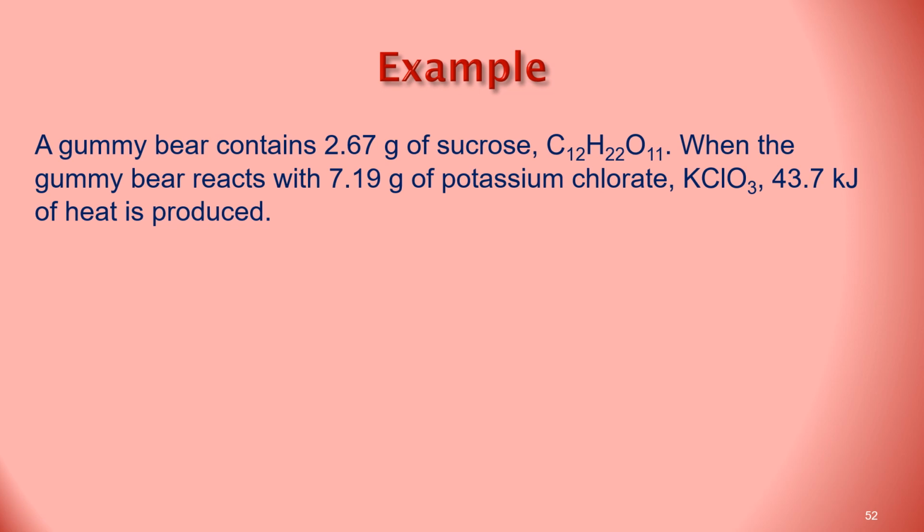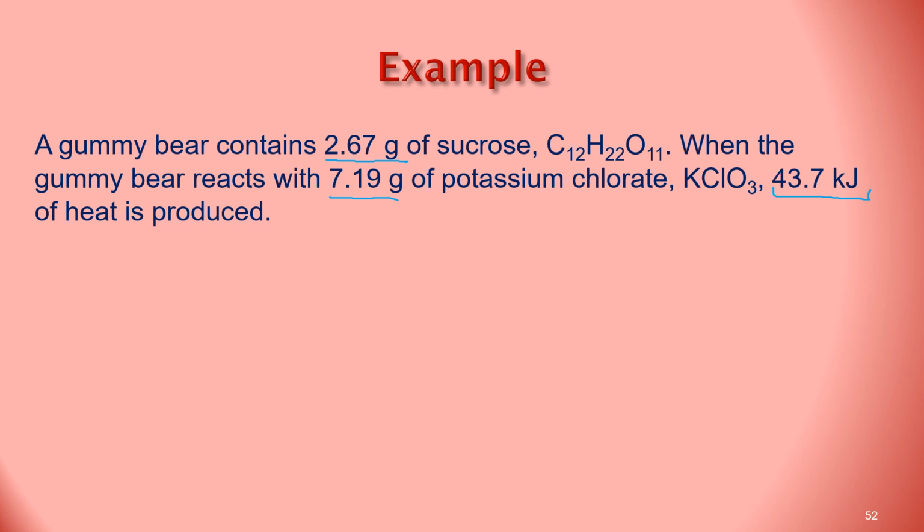Let's say we take a gummy bear which has 2.67 grams of sucrose, and we react it with potassium chlorate, KClO3. When 2.67 grams of sucrose react with 7.19 grams of potassium chlorate, 43.7 kilojoules of heat is released.